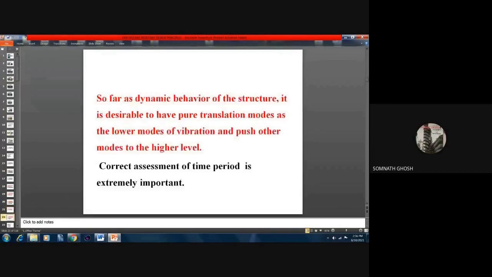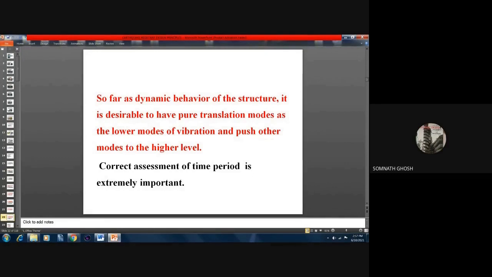Now, so far as the dynamic behavior of the structure is concerned, it is desirable to have a pure translation mode as the lower modes of vibration and push other modes to the higher level. So you have to be very careful about the lower modes of vibration. Then automatically the higher modes of vibration will not give you trouble.